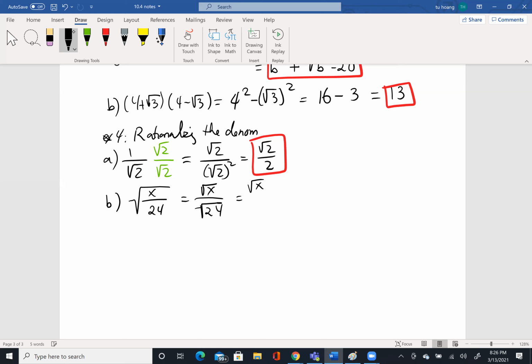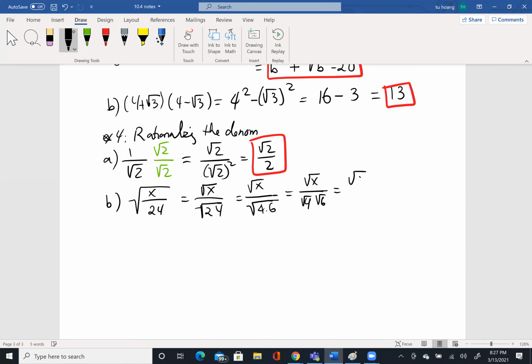Let's see what you're going to do. You have square root of x divided by... Can you factor a perfect square from 24? You know that it could be 4 times 6, right? So that can be rewritten as square root of x over square root 4 times square root of 6.